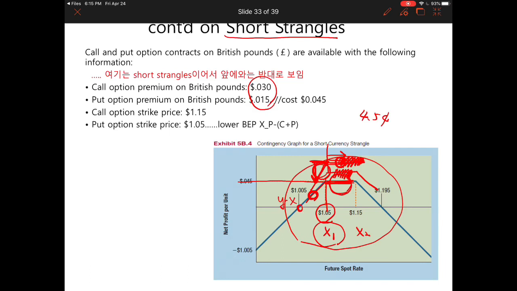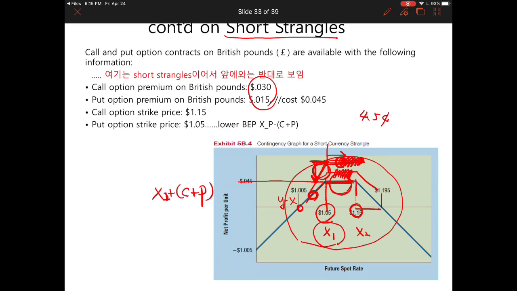Then when I break even, let's say this is the exercise price, and the premium I received will be C plus P. But let me first speak about this one, X2. X2 plus C plus P.